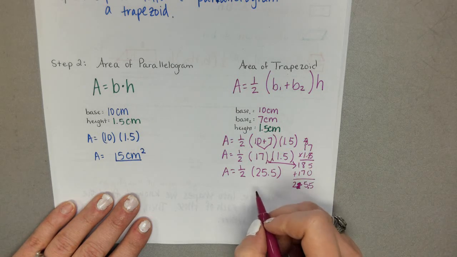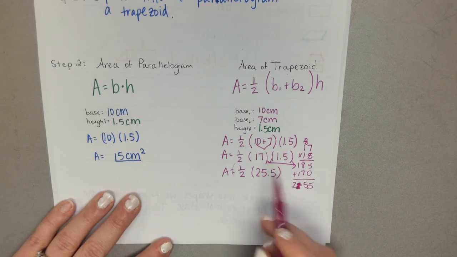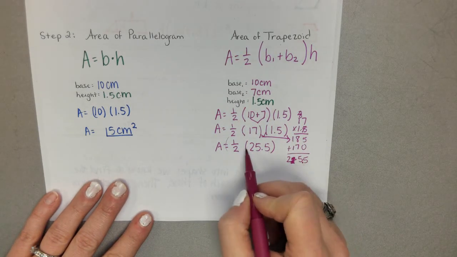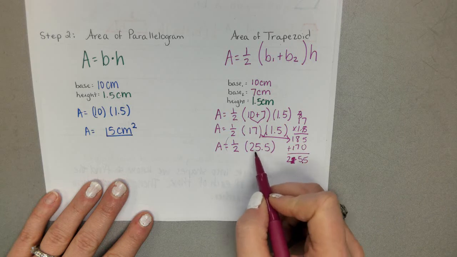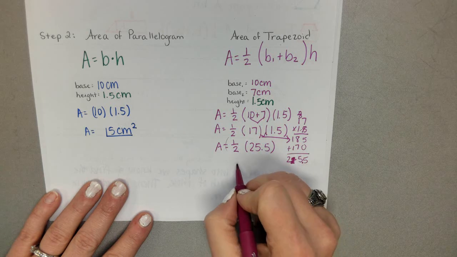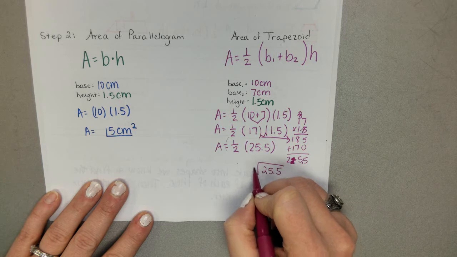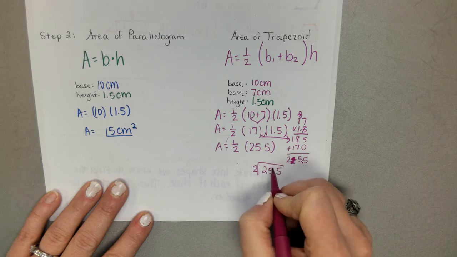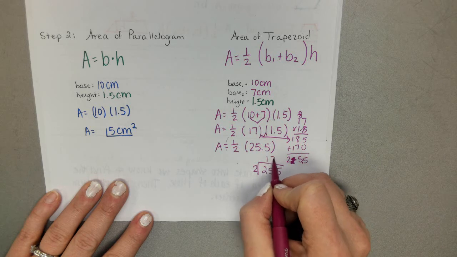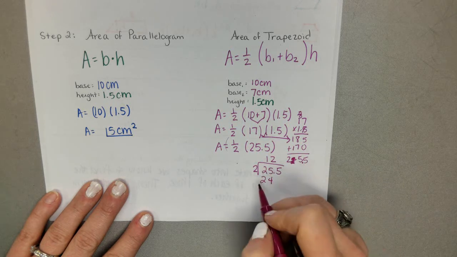So now we have to do what this really means. 1/2 times something really means you're taking this and dividing it by 2. That's what a half is. When you half something, you divide it into 2. So we could do 25.5 divided by 2, and 2 goes into 25 12 times. 12 times 2 is 24.